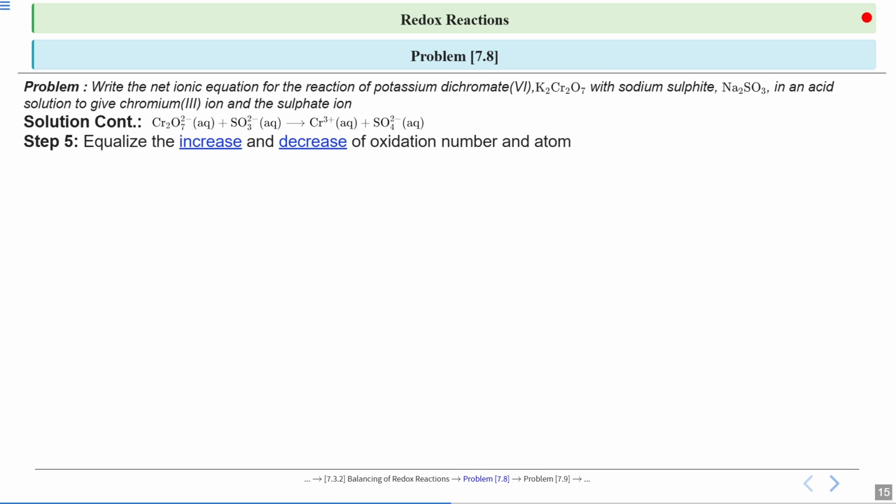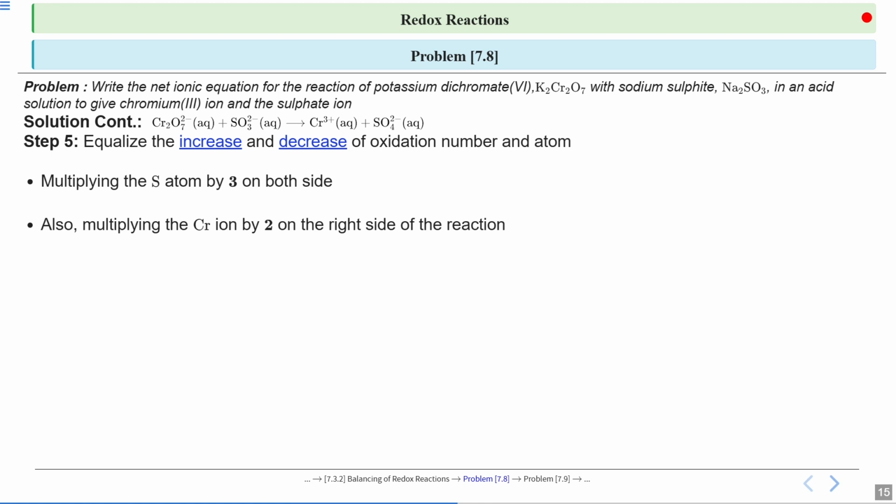Now in step 5, you have to equalize the increase and decrease of oxidation number and the atoms. So in this reaction, we can multiply the sulfur atom by 3 on both the sides, and also multiply the chromium ion by 2 on the right side of the reaction.